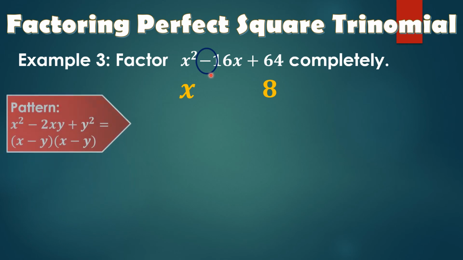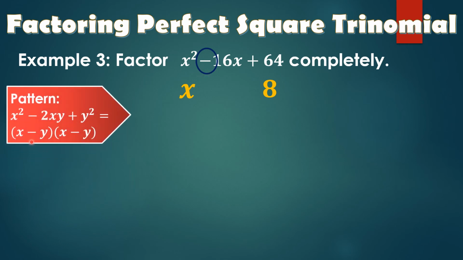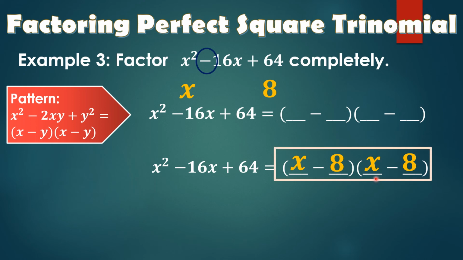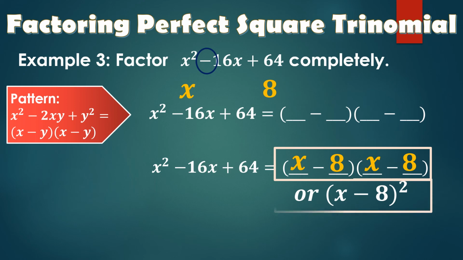Therefore, ang i-apply natin na pattern ay may factored form na parehong naka-subtraction. So, pagsasamahin lang natin ang x at ang 8 at ang magiging operation ay parehong minus. Therefore, the factored form is the quantity x minus 8 times the quantity x minus 8 or the square of x minus 8.